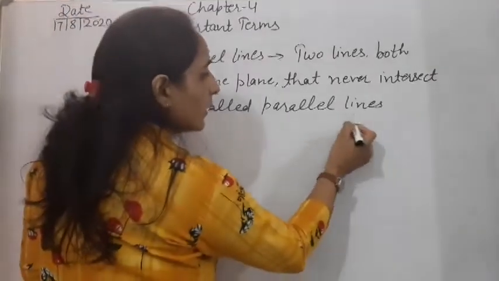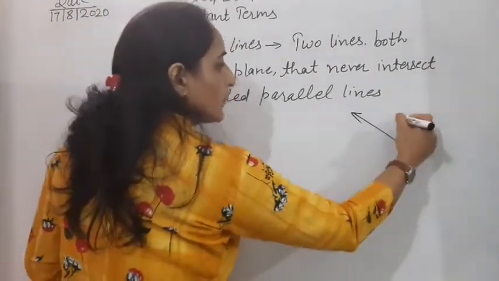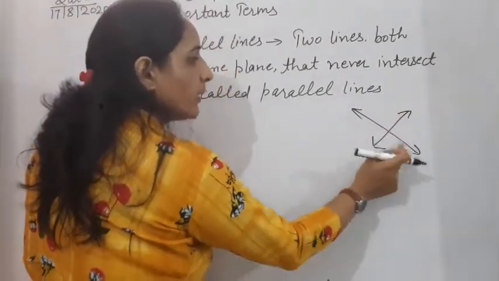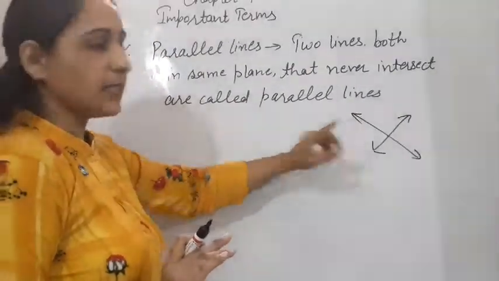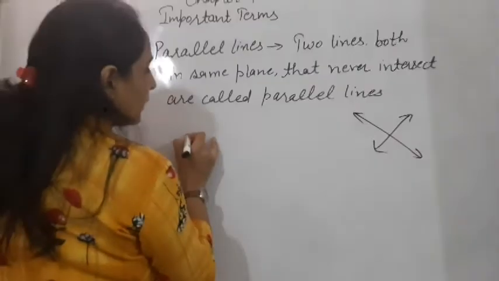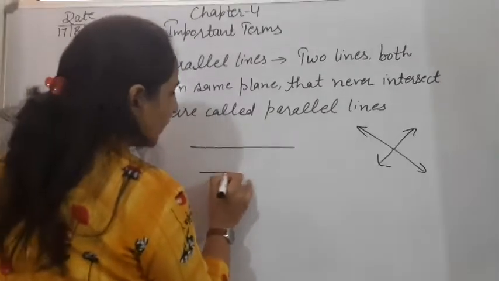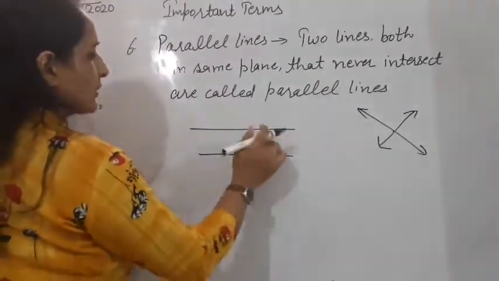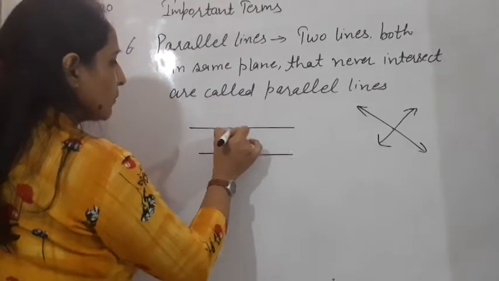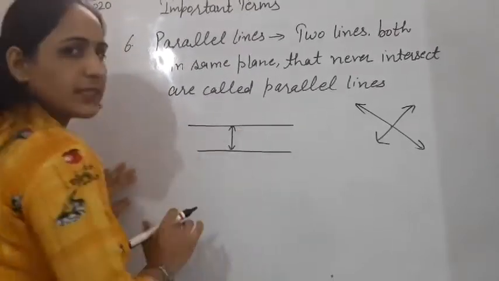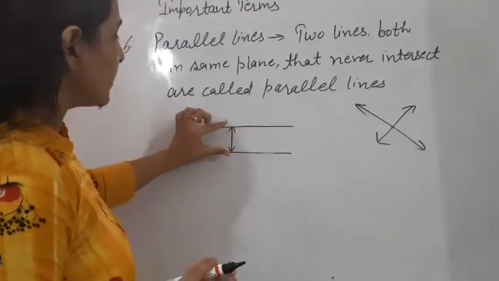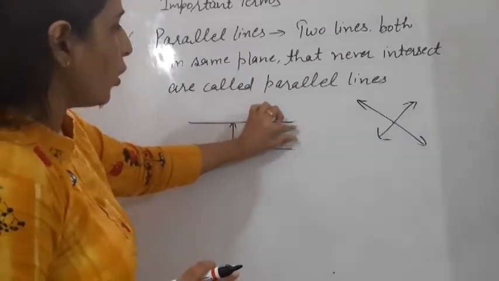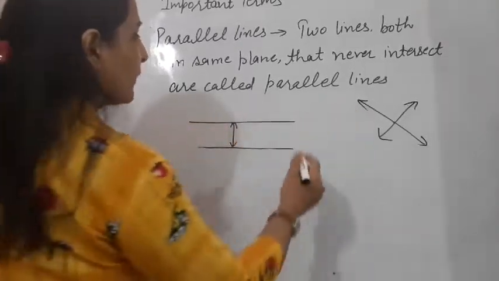We know there are also two lines that intersect each other, and they are called intersecting lines. But here, when two lines are moving in the same direction, the distance between them is the same. They are moving like this, and the distance between them is always the same.